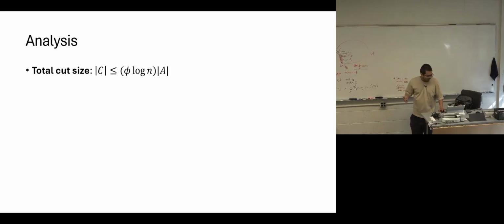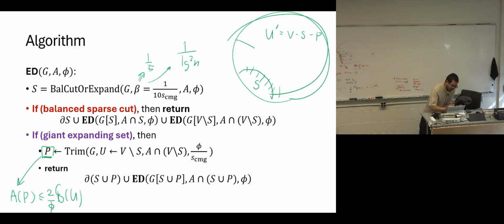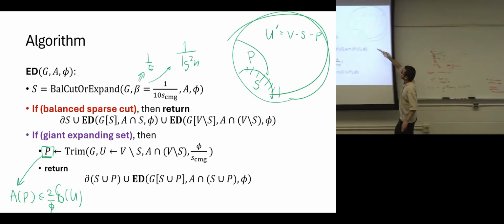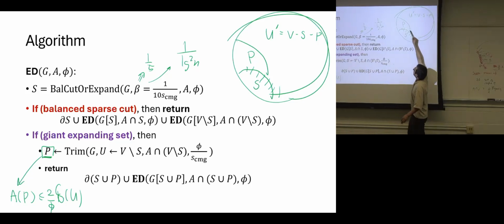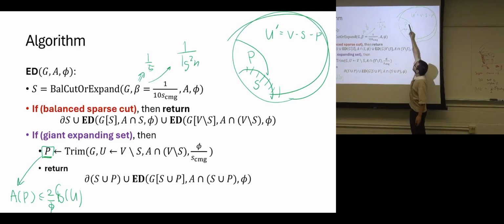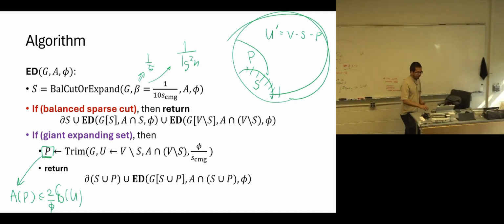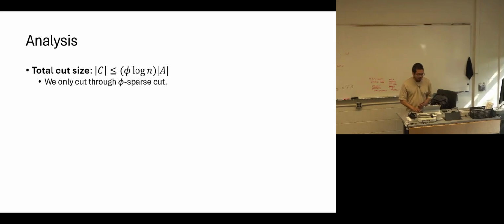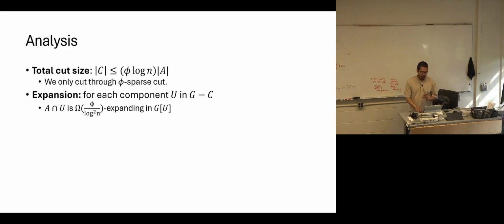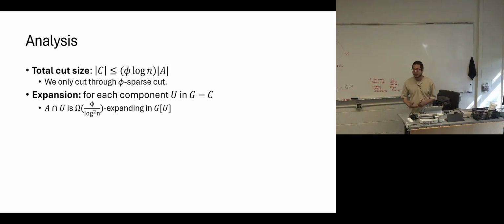In the expanding case, this is a sparse cut, and when we prune P, the boundary doesn't even increase, so it's even sparser, right? The size of the set is getting larger, but the cut size here is the same, so it's an even sparser cut. So we cut only through sparse cuts, and the expansion is clear, because we use trimming.